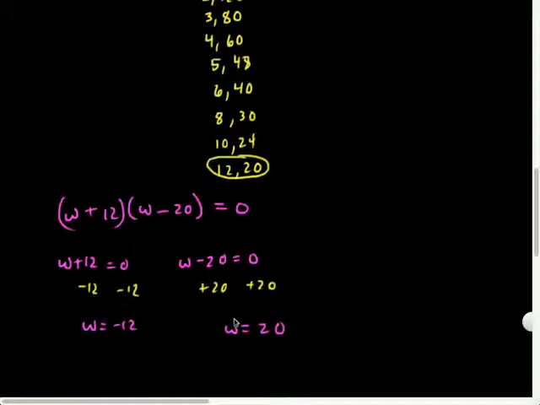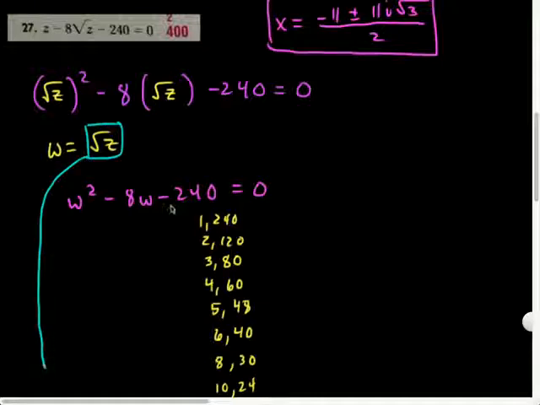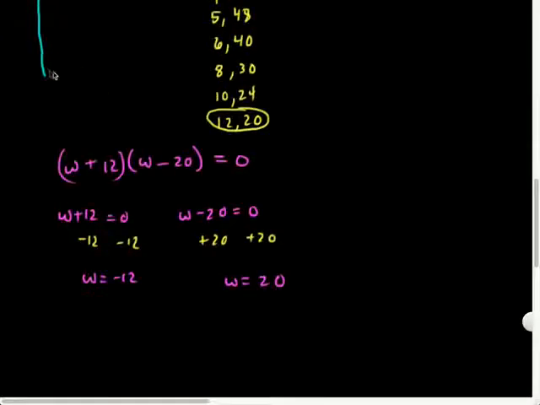Now, if I say the answers were negative 12 and 20, I'd be wrong. They were interested in what z is equal to, not w. I made up w, so I'm going to have to say, well, square root of z is the same as w, so let's plug this back in and rewrite this in terms of z.